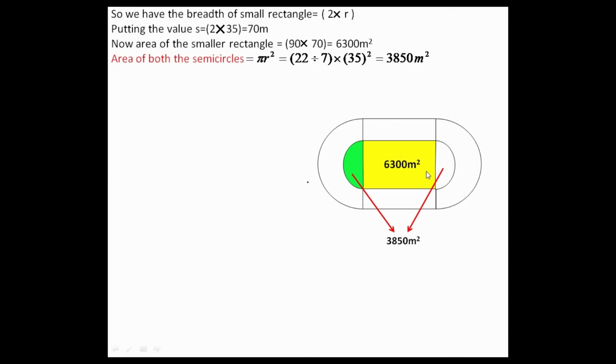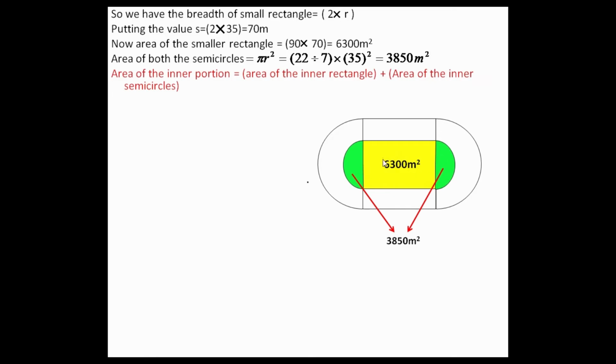This is the area of these two semicircles. So my one purpose is solved. The area of inner portion will be area of inner rectangle, this yellow portion, plus area of both the semicircles, inner semicircles. These two green semicircles are the inner semicircles.